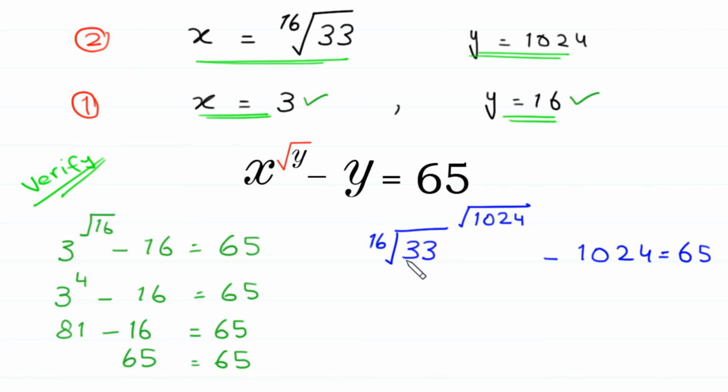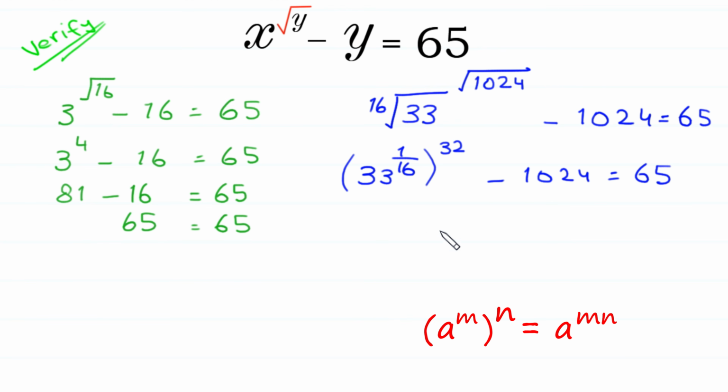Next we can write this 16th root of 33 in exponential form as 33 to the power 1 over 16, to the power of the square root of 1024, which is 32, minus 1024 is equal to 65.